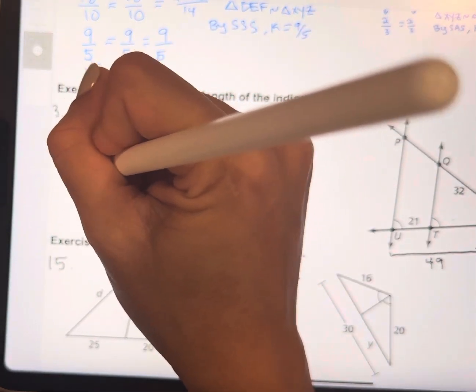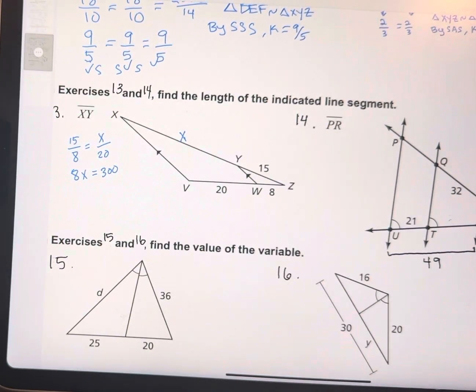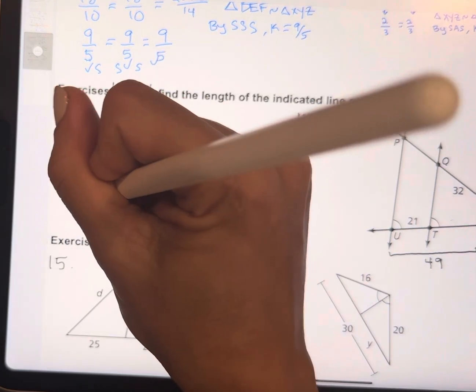And we'll cross multiply. 8x equals 300, right? And this isn't going to be nice. 300 divided by 8 is 37.5.